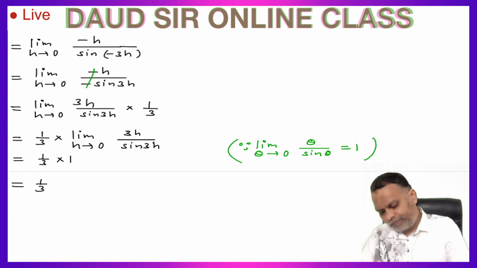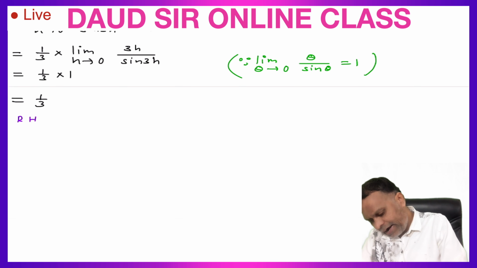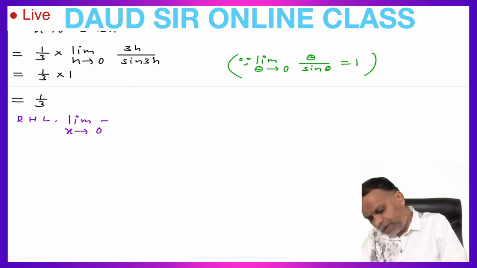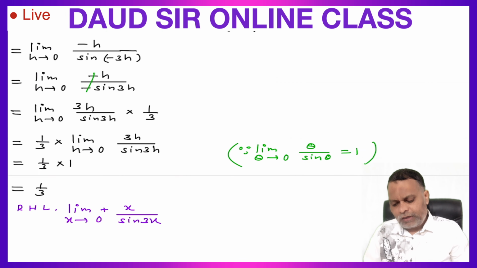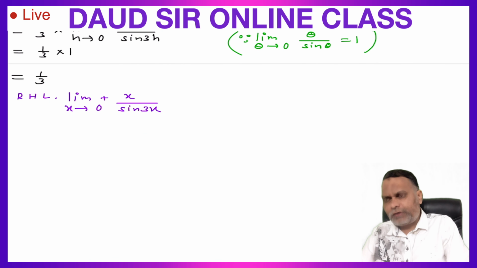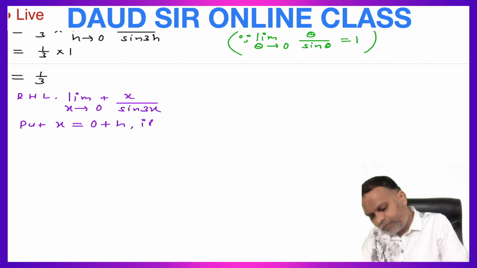Now right hand limit for the same function, limit x tends to 0 plus x upon sine 3x. Now substitute x is equal to 0 plus h. If x tends to 0, then h tends to 0.